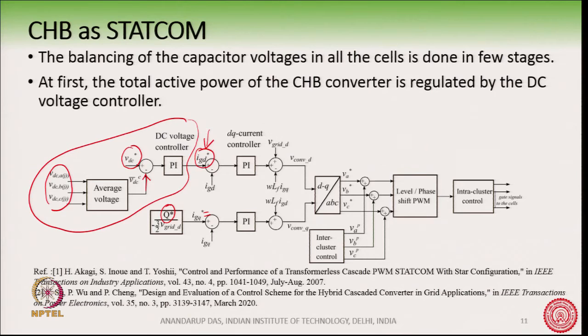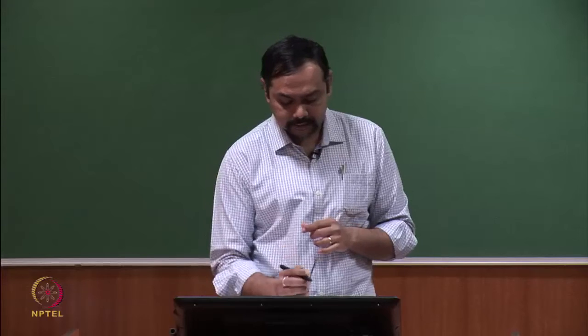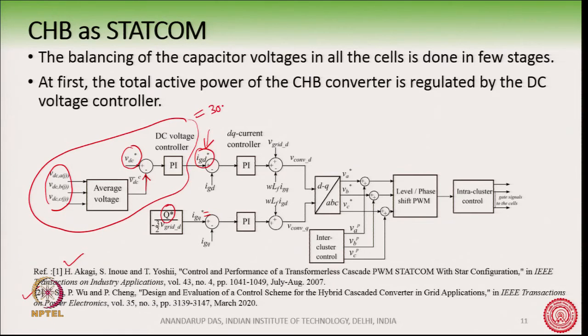So, basically we are following these two references. So, you can also have a look into this. So, this is the total active power. Suppose the total loss in the converter is 300 watt. So, the entire 300 watt is basically proportional to the IGD star.